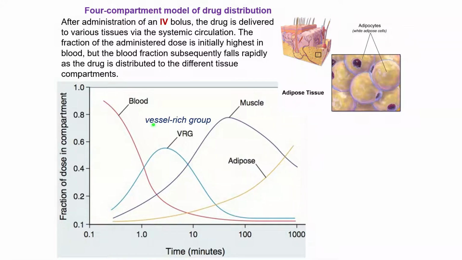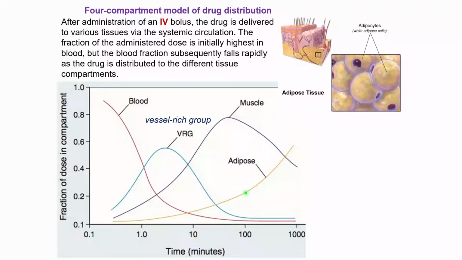It's coming into the vessel-rich group, so tissue with lots of blood vessels, but after 10 minutes it's coming into muscle, and finally after some time it's coming into fat-like tissue, adipose tissue.